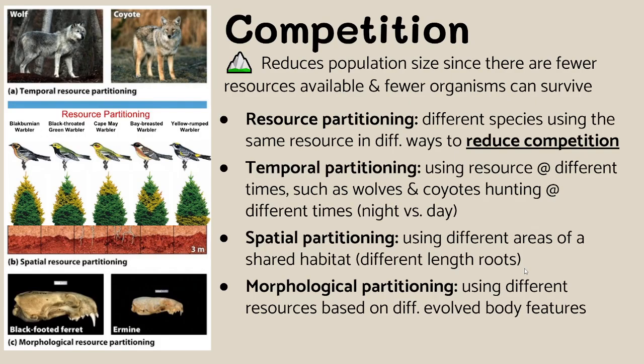So an example of this could be feeding on different size seeds rather than competing for all of the seeds from a particular plant. In the case of many birds, some species might tend for the smaller seeds, and some species might tend for larger ones, and then over time, their adaptations make them more suited for that.